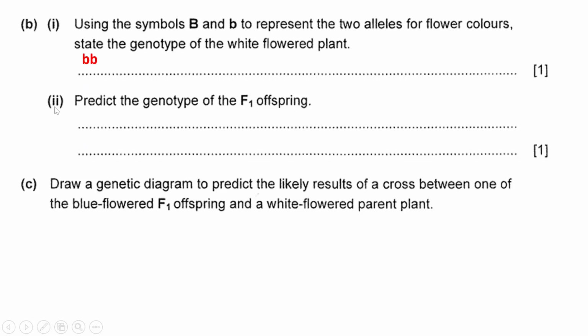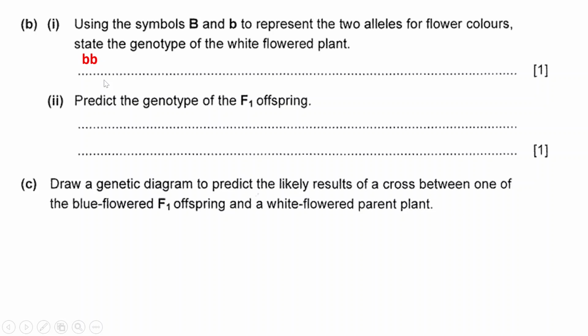Then Roman numeral 2, predict the genotype of the first generation offspring. So now to predict, in fact, we are not even predicting here because predicting is not having an idea. But here we have a complete idea. So we have to understand that if the white flowered plant was pure, was homozygous, and was recessive, it means it was carrying small letter bb.